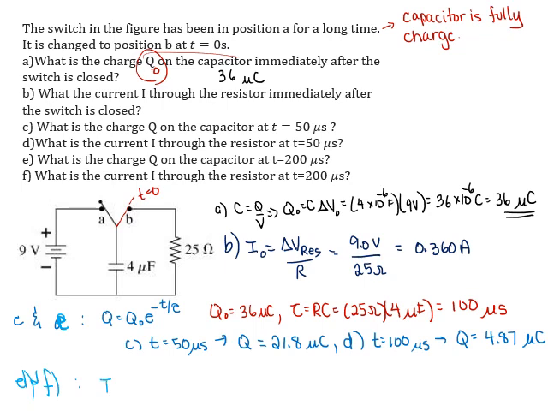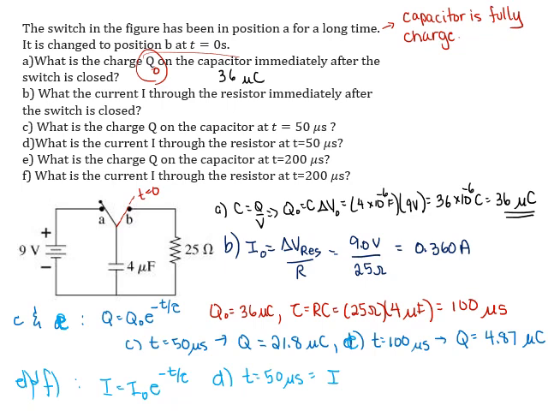So for my current, I equals I0 e to the minus t over tau. We found that on a previous slide. So for part D, t equals 50 microseconds. We'll plug in that our initial current I0 is 0.360 amps.